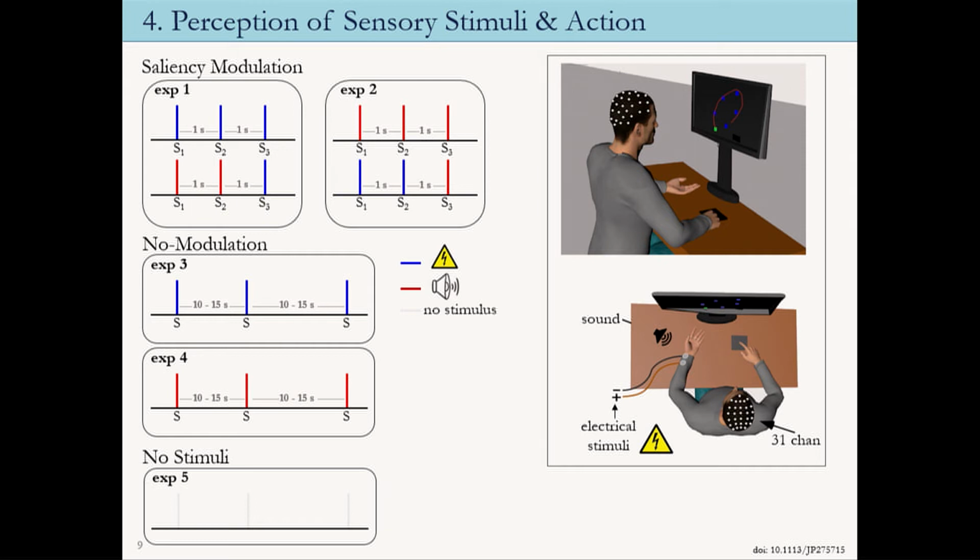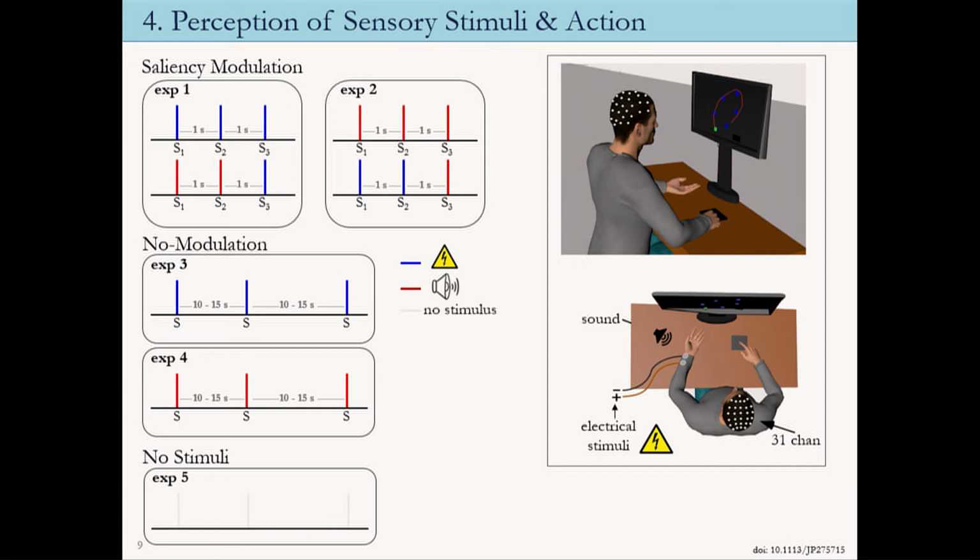So nothing really stands out. But when you change the modality of the two previous stimuli within this triplet, the last stimulus becomes a bit more evident. So this is what we say modulation of saliency.